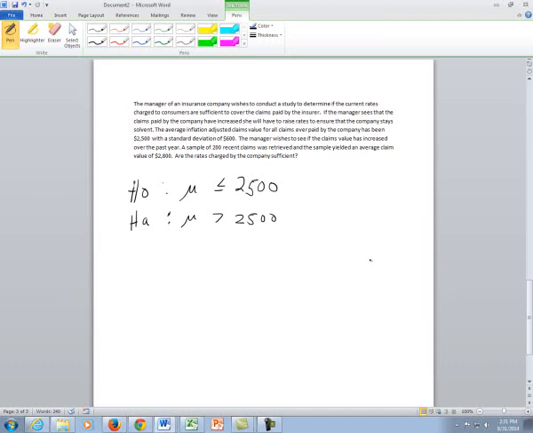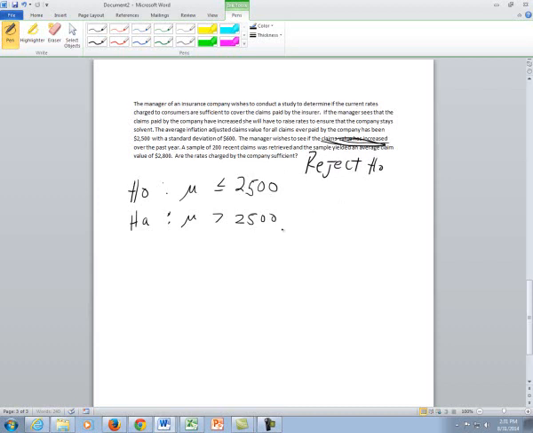I went ahead and I copied our problem again down here, and I wrote down our hypothesis so we can do that. So we know that our statistical conclusion was to reject the null. But what does that mean? So if you recall from reading the problem, we're testing the claim that the values increase. The claim value has gone up.